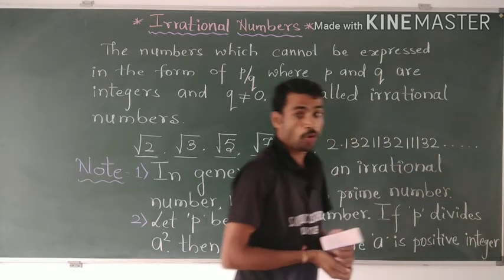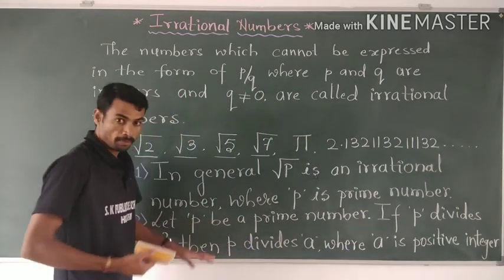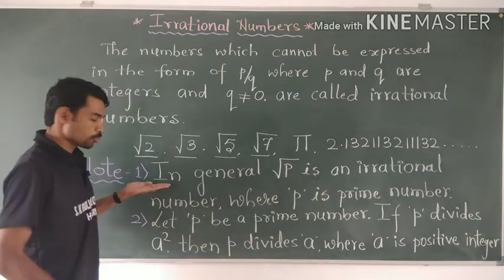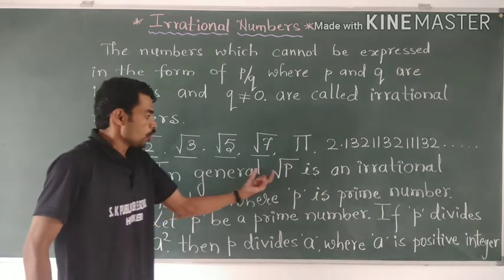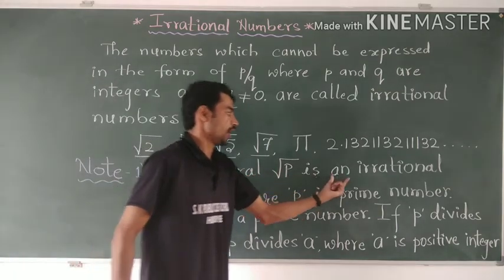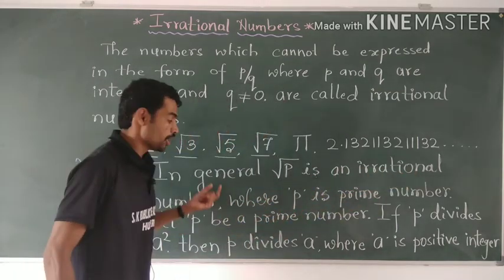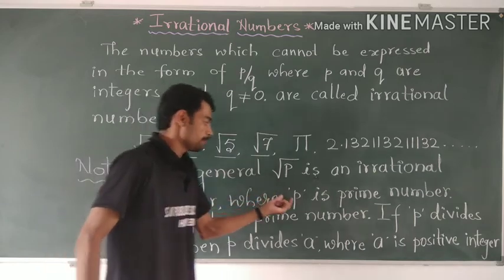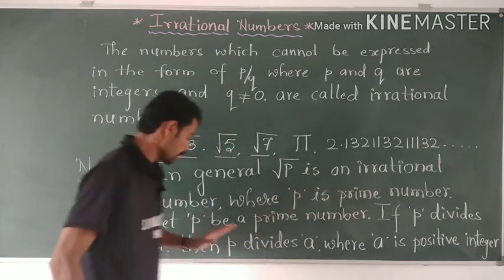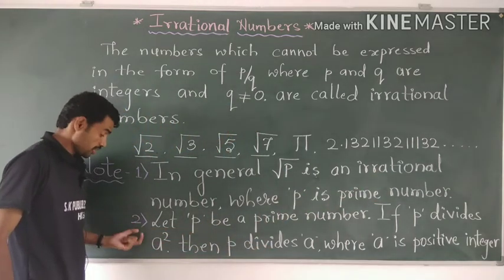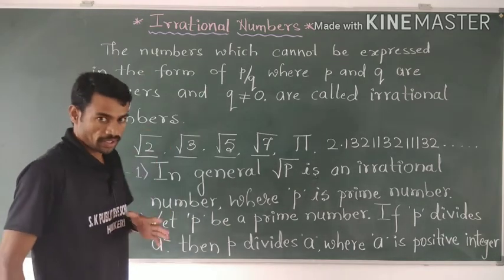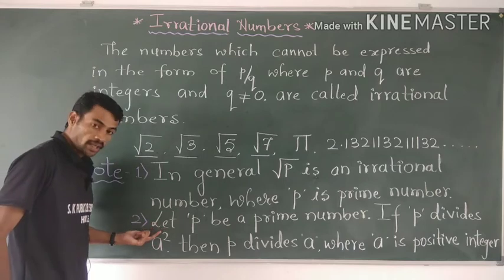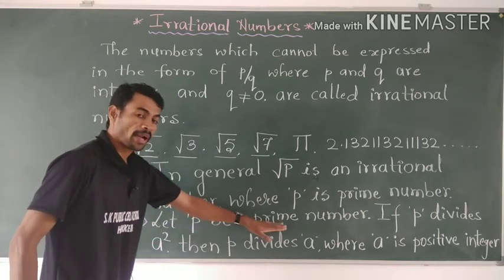So you have to remember these two points. The first point is that in general root p is an irrational number when p is a prime number. And another point, which your textbook gives as a theorem: let p be a prime number.